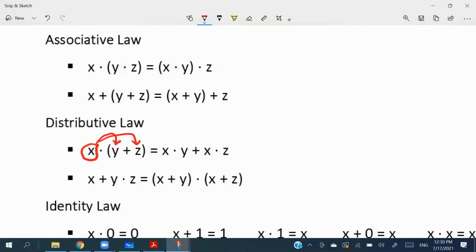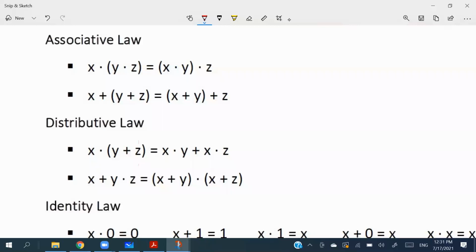So it gives x dot y, the first multiplication, and a plus, then x dot z, the second multiplication. So this plus stays over here. Did you get that, people?